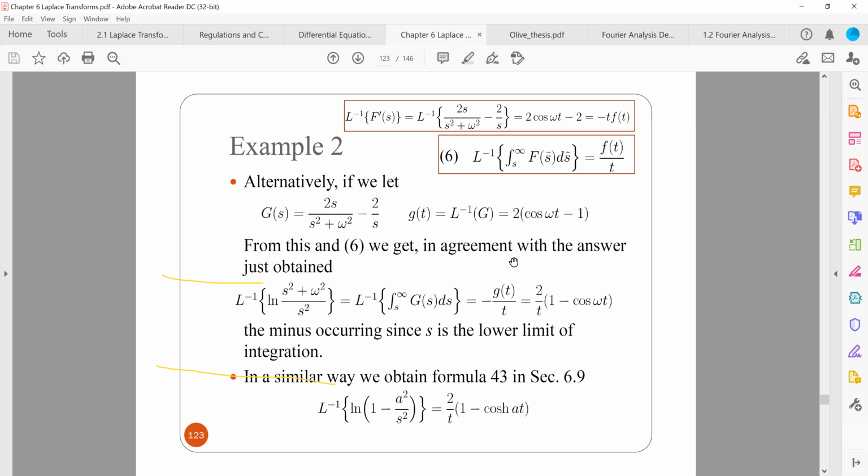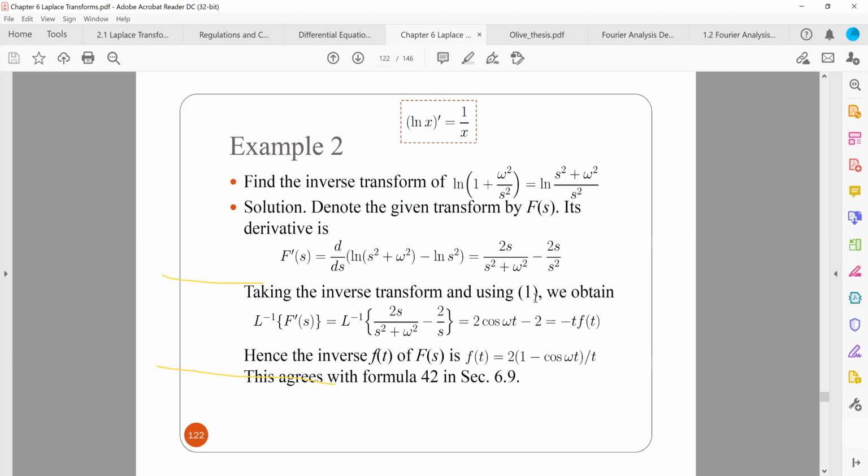So this is the same as negative of g(t) over t. So you end up with the same answer, because if you divide this by t and put a negative in front of it, this will end up being this, which is again what we got in the previous approach. So this is just changing where you approach it. In the one before, we just said, okay, after doing the Laplace inverse, we know that it's equal to minus t f(t).